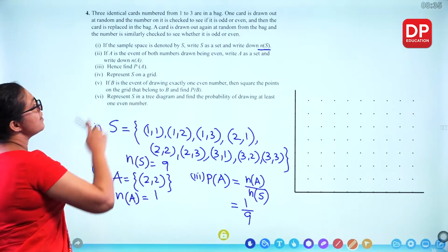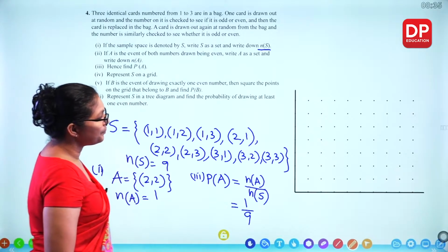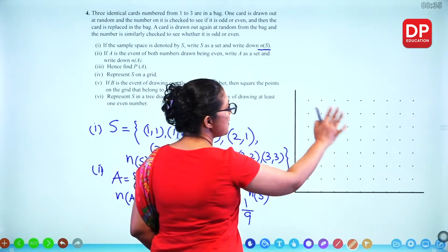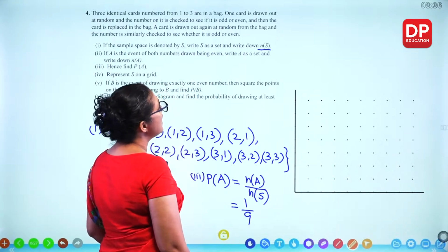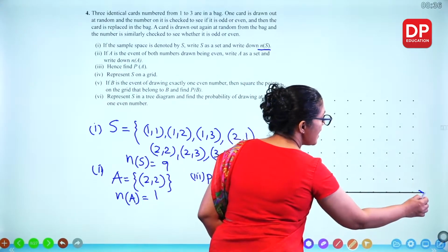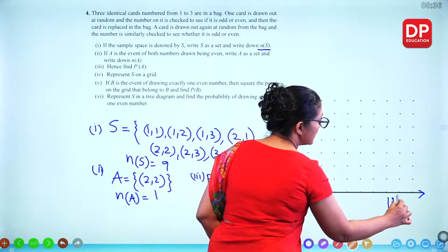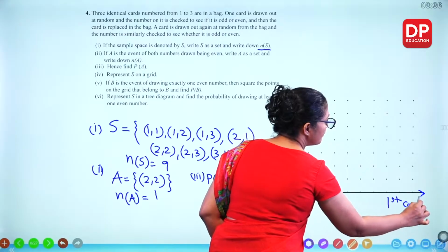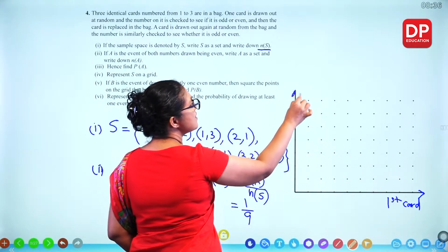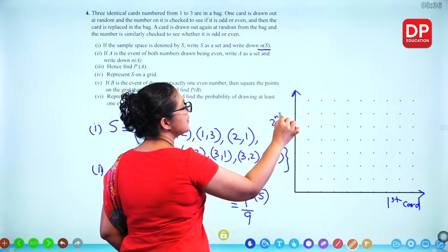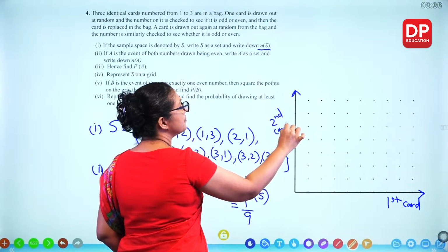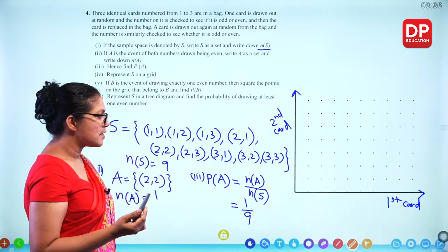Represent S on a grid. So here, this is the sample space grid you have to draw. We can take one axis as the first card, and the next axis as the second card. Then what are the possibilities?